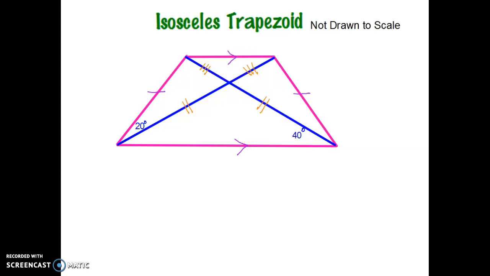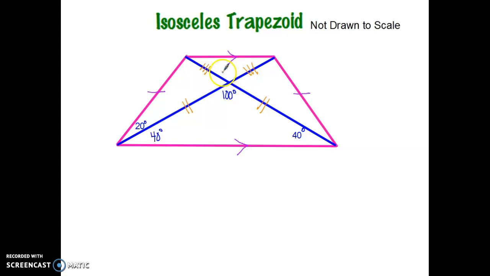Knowing that I have an isosceles triangle, this would also be 40 degrees because these would be my base angles of that lower isosceles triangle. Now I can use the fact that the angle sum of any triangle is 180 degrees, which means this should be 100 degrees.